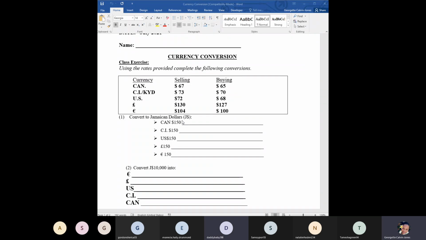US at 10,800, and the next one at 9,500, and the last 9,500. Work it out again. 19,500. One says 9 and one says 19, two different figures.